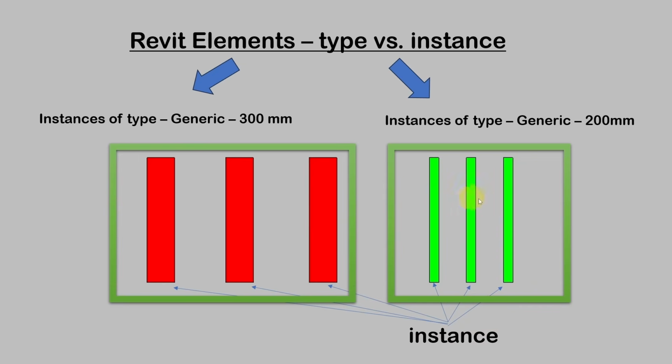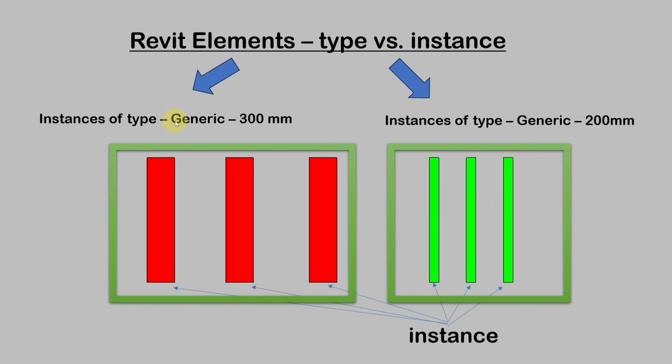These three walls are three instances of the same type, which is the generic 200 millimeters type. And these three red walls are instances of the same type, the generic 300 millimeters type in our example. If I change something in the type generic 200 millimeters, all of those walls will be updated.